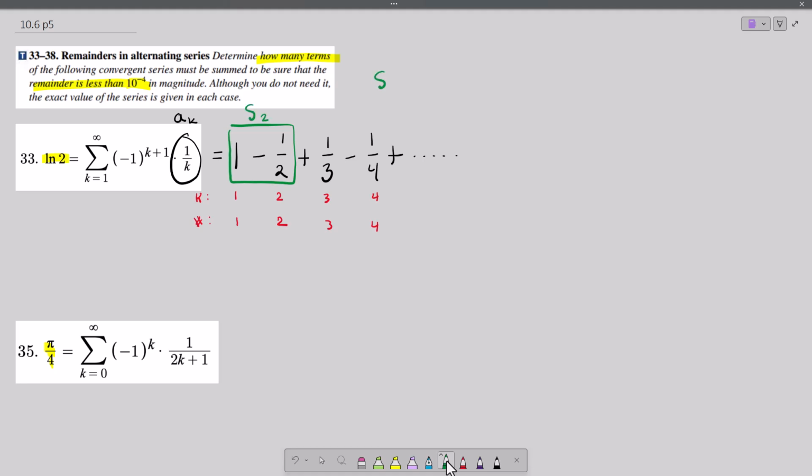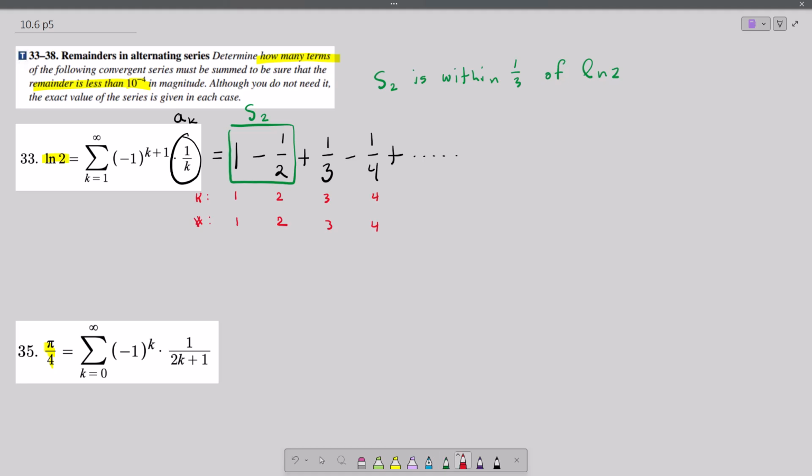And because we know this series converges to natural log of 2, we would say that S sub 2 is going to be within 1/3 of the sum of the series. The first unused term is what we are going to use as our gauge on the remainder. So the remainder is less than 1/3, which means this sum of the first two terms is going to be within that distance of natural log of 2.